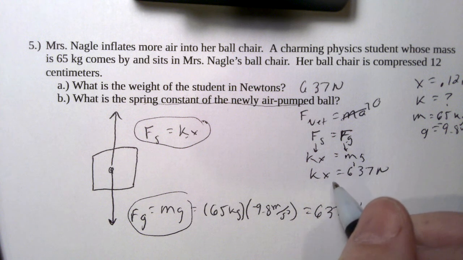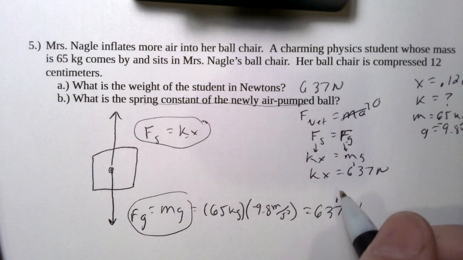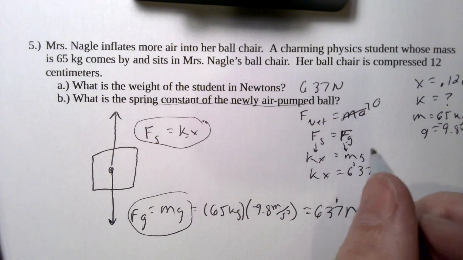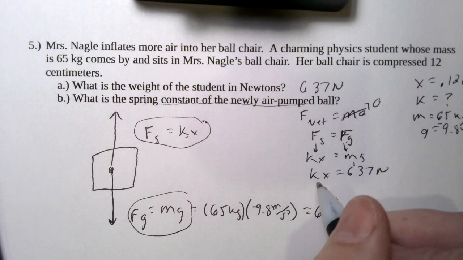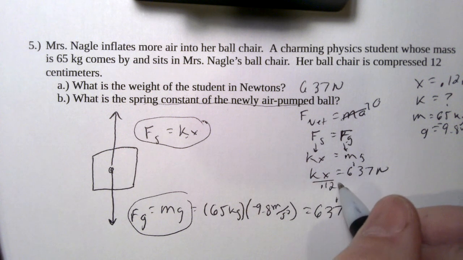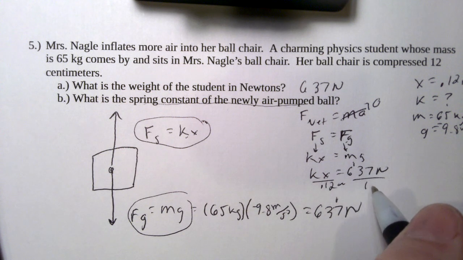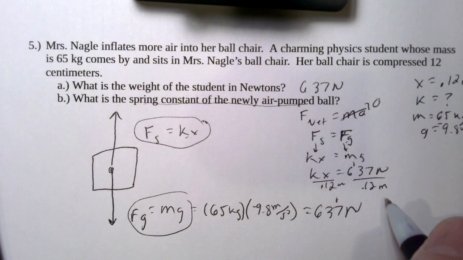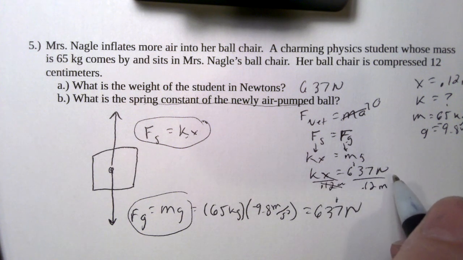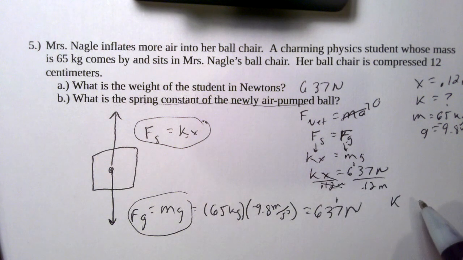We're just going to look at it at the end. So I have to divide by x. My x is 12 centimeters, so divide by 0.12 meters. So now the x and the 12 are the same. So now I have k.